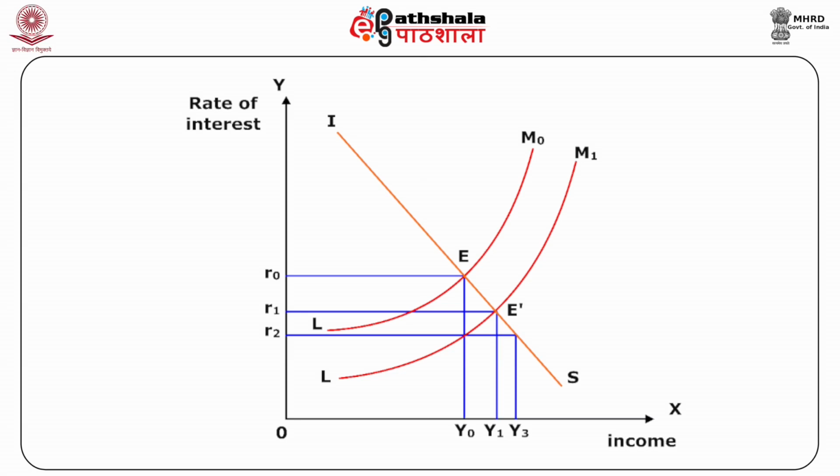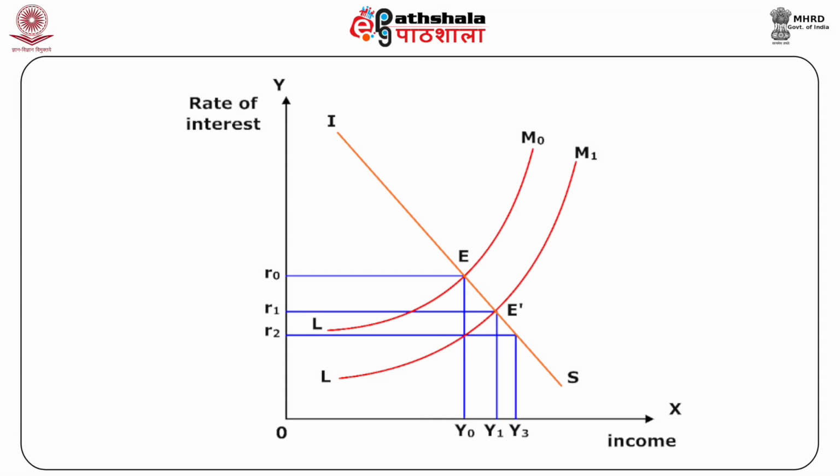To start with, they intersect at point E and establish the rate of interest as R0 and the level of income as Y0. Now, suppose the nominal money supply increases while the price level remains constant. Then, as we have seen, with an expansion of the nominal money supply, the LM function moves outward to the right, and the new LM function would be LM1.